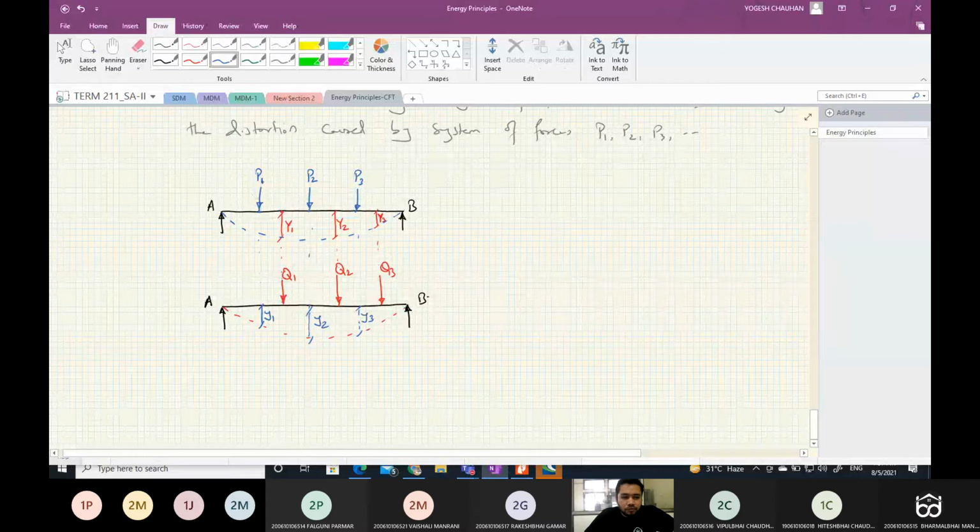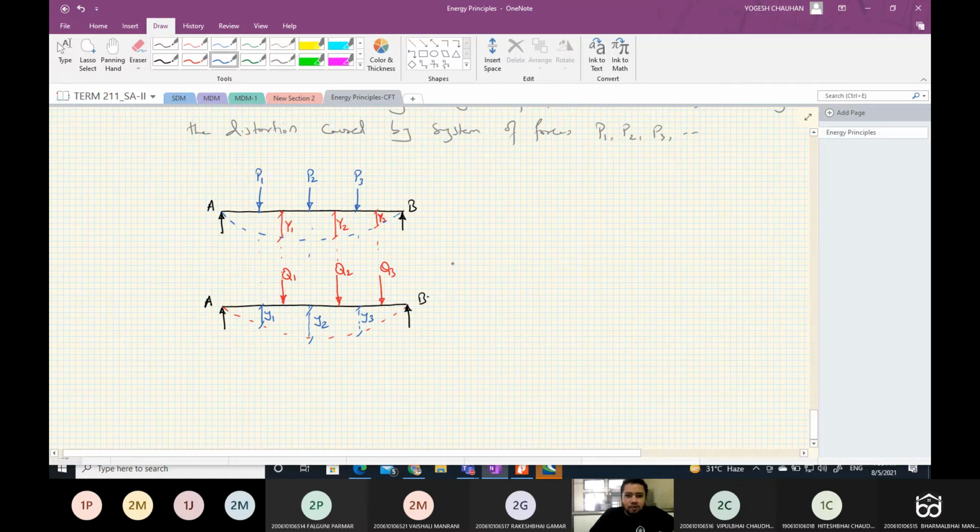So when the system of forces P1, P2, P3 is applied, then the deflection corresponding to Q1, Q2, Q3 is capital Y1, Y2, Y3, and when the system of forces Q1, Q2, Q3 is applied, the deflection corresponding to P1, P2, P3 is small y1, small y2, y3 respectively.